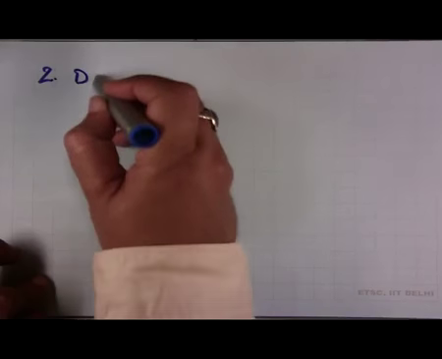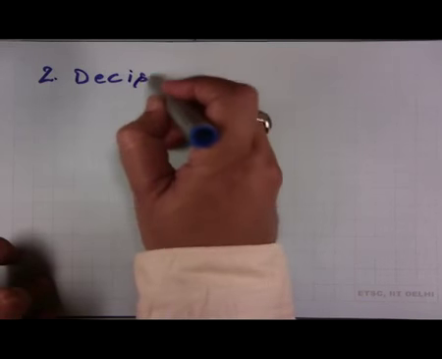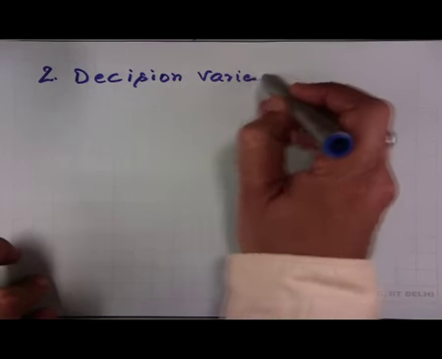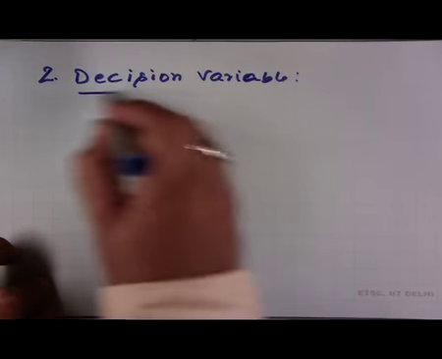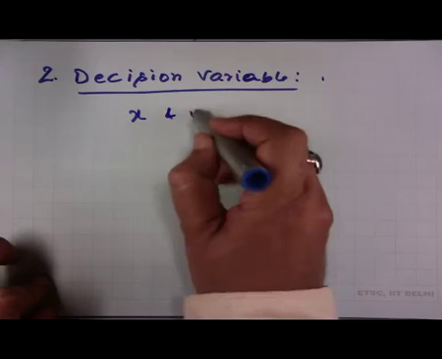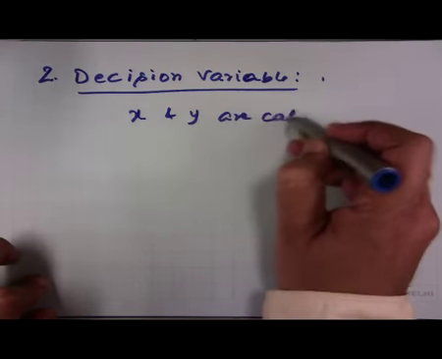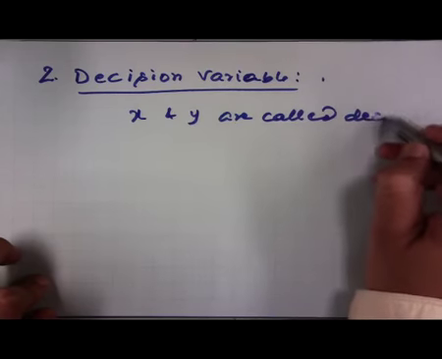Then second is decision variable. X and Y are called decision variables.